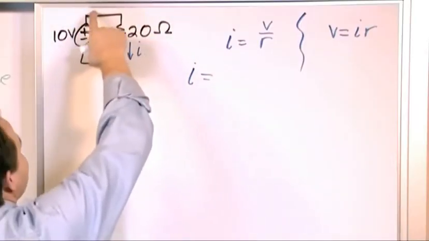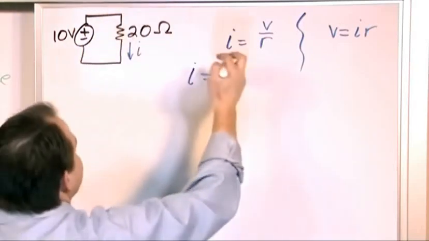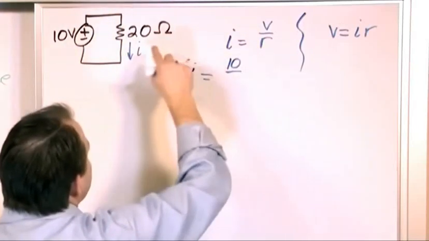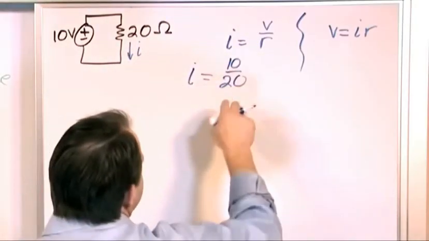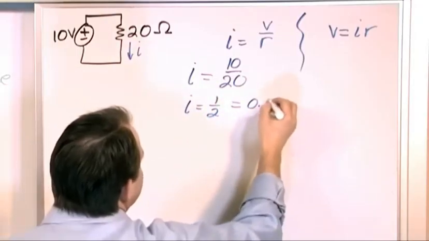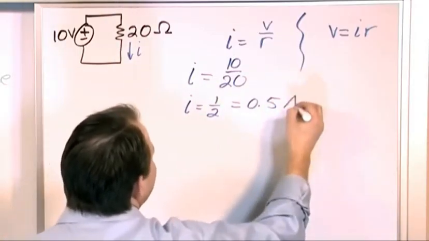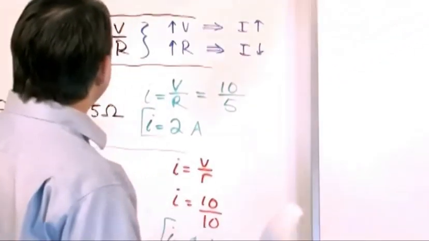Well, it's physically connected to the entire voltage source, so the voltage drop across this resistor is 10 volts, and this resistance is 20 ohms. So we do this division, it's 1/2, which is 0.5, and the unit of current is always amperes, 0.5 amps, half an amp.